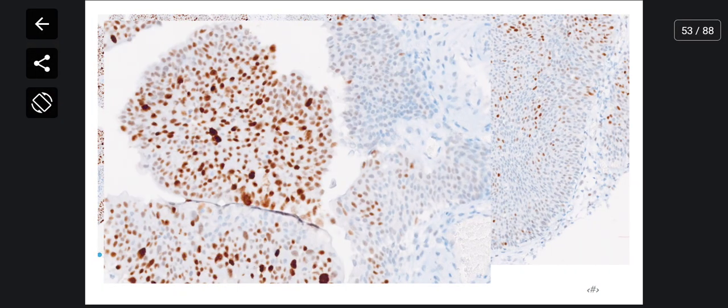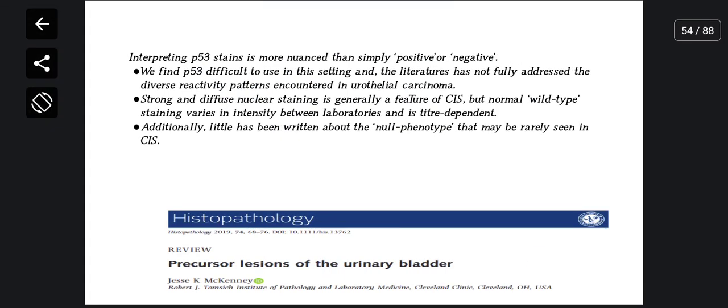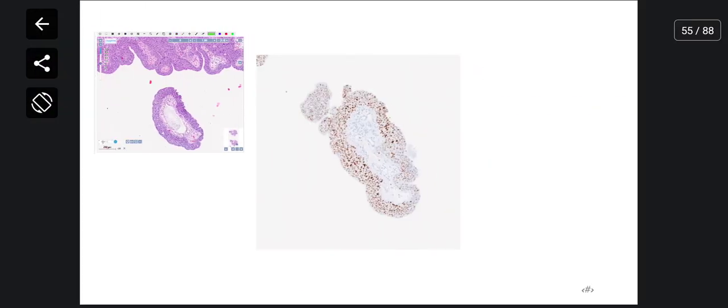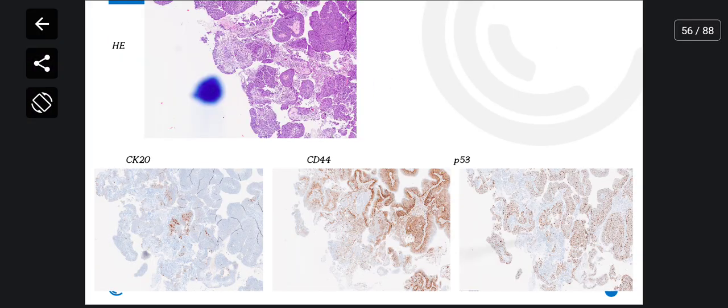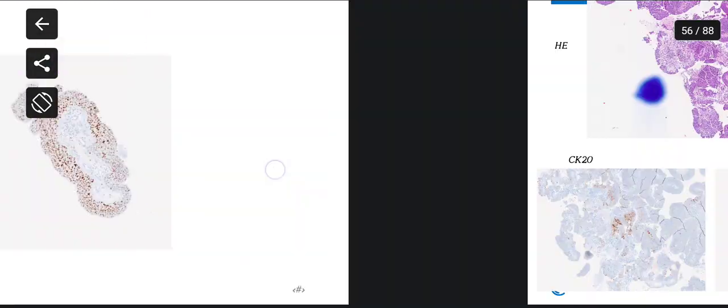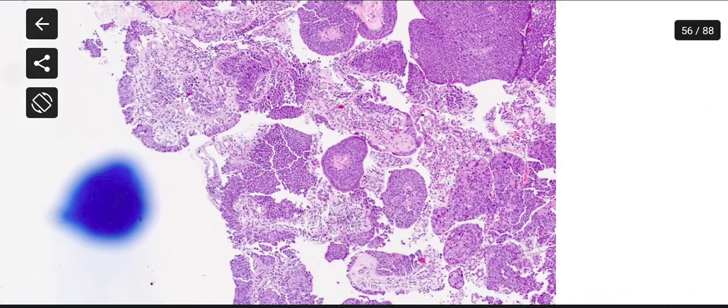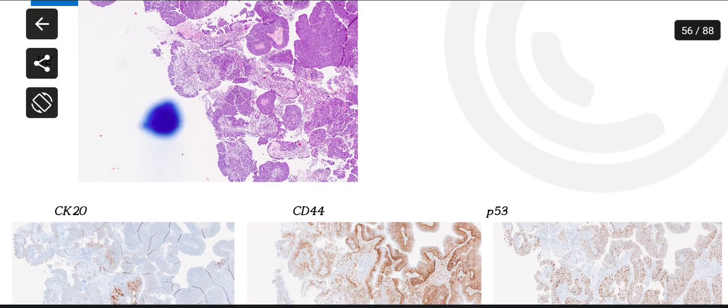What do you want to call this? There are some loss areas and some overexpressed areas. One area of interest we had was an inverted growth pattern area. In that area, let us look at the IHC.